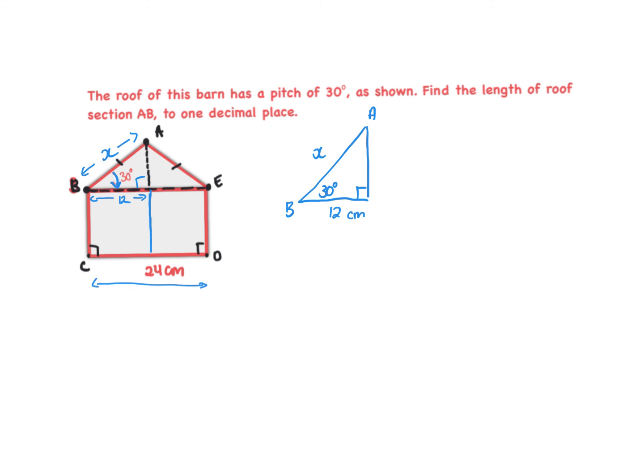Now I have a triangle and now I can find it. So we'll start with the same way we did. So I would label this triangle. So I've got the hypotenuse, and what's this 12 side is the adjacent. So if I wrote SOHCAHTOA up here, which one has the H and the A? So cos. So we're going to write out the formula, A over H.